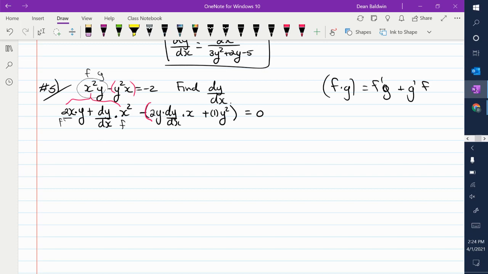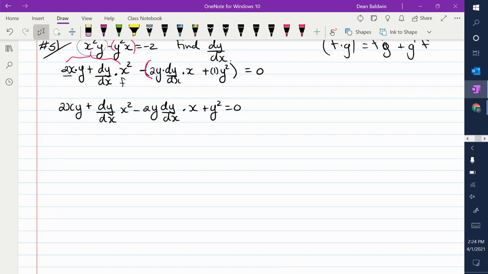Now we have to clean this up. So the negative gets dumped in here. So I get 2xy plus minus 2y dy times x plus. All right, so you have to be careful with your signs, collecting like terms, all that kind of stuff. What am I trying to solve for? dy/dx.